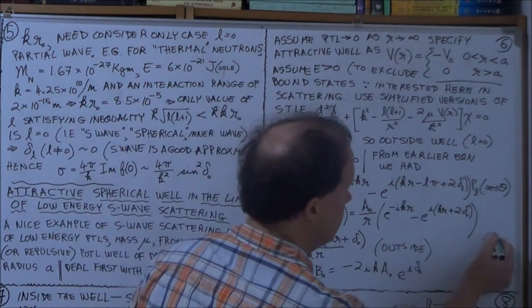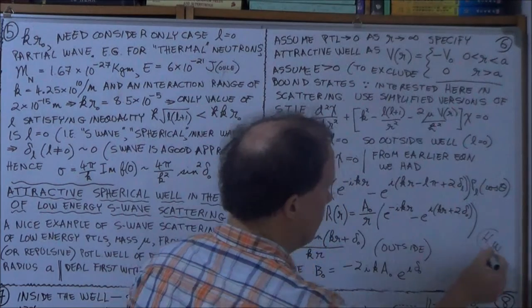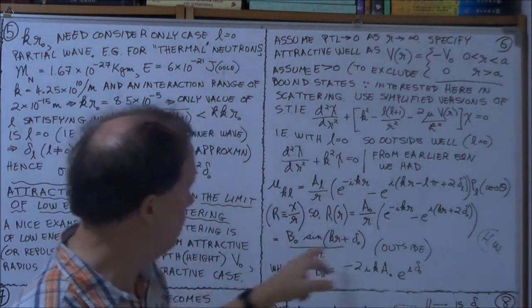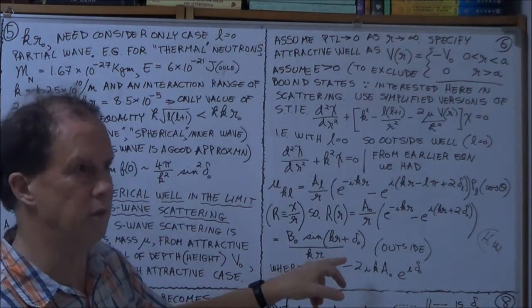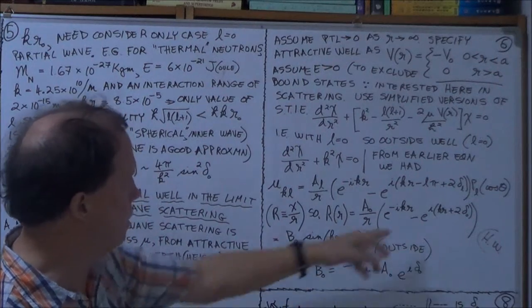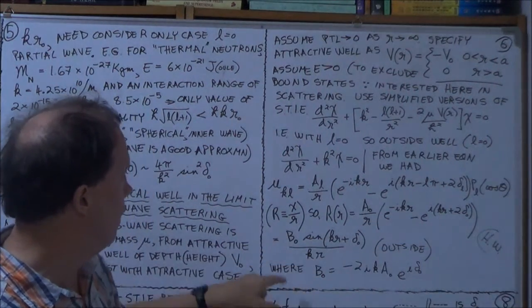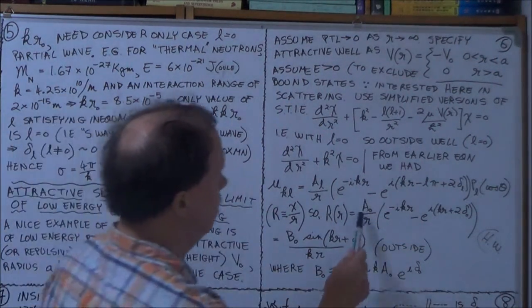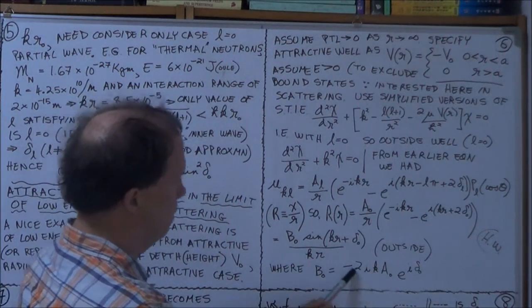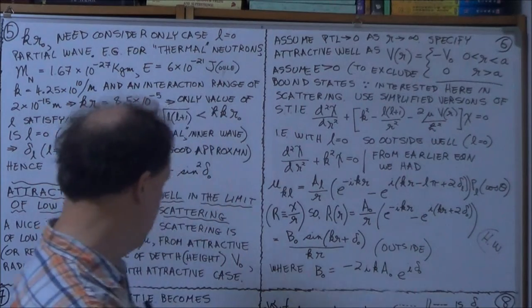This is quite easy. Getting from here to here is, I don't know, first year, second year undergrad. So that's pretty easy, but do it anyway as homework. So you can rewrite this in that form, where your B naught here is just this.